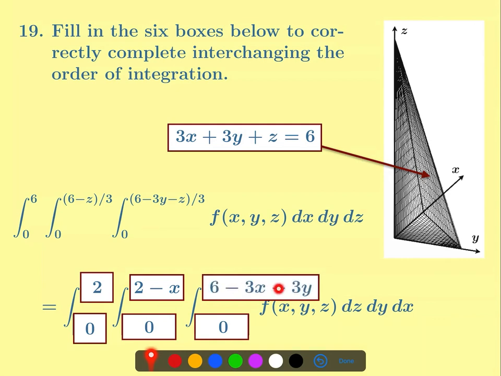So again, z equals this is just the equation of this plane. And that's the last thing you hit if you're going in the positive z direction. So that's the setup for this triple integral. And we've interchanged the order of integration here from dx dy dz to dz dy dx. And that finishes this problem and this lecture.